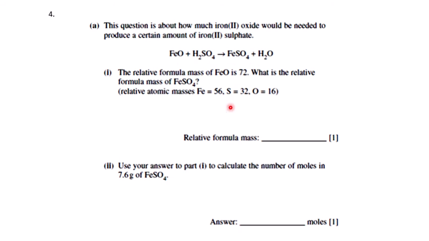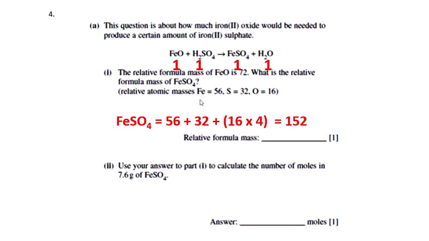Lots of you would sometimes, when you're in the middle of a calculation, go and calculate again. So they've tried to help you a wee bit. They've given you one of the relative formula masses, and then you'll see down here you're asked to work the next one out. Now, let's do our usual thing, get our ratios. So if you look at the equation, there's no numbers in front of it, so 1 to 1 to 1 to 1 ratio. Then we're asked for the relative formula mass of FeSO4.